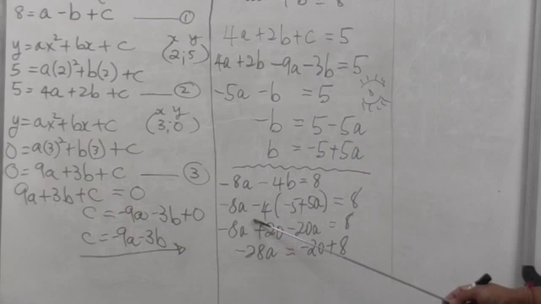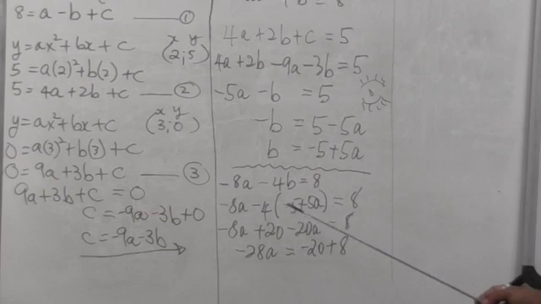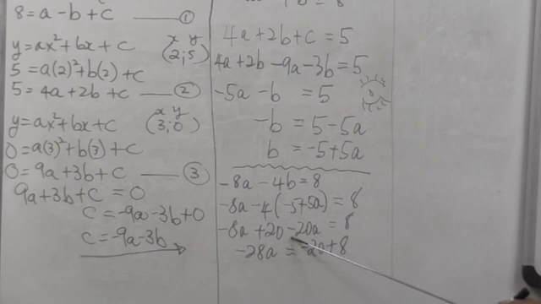Minus 8a minus 4 into minus 5 plus 5a is correct. Minus 4 times minus 5 will give you plus 20. Minus 4 times 5a will give you minus 20a. That will give you minus 28a, and that will give you minus 20 plus 8. Alright, I think there's a small mistake somewhere. So let me just check this quickly. One minute.